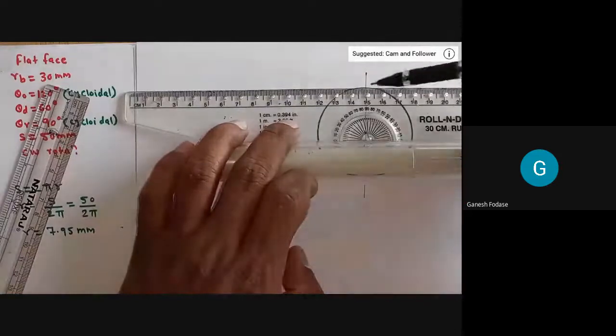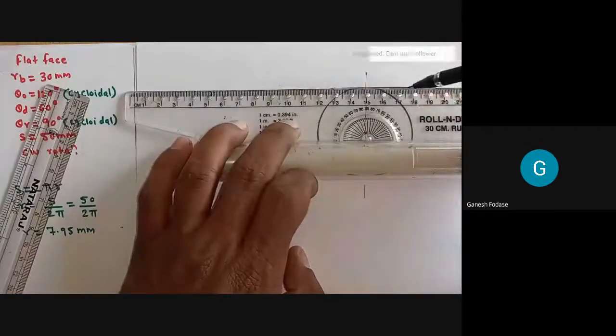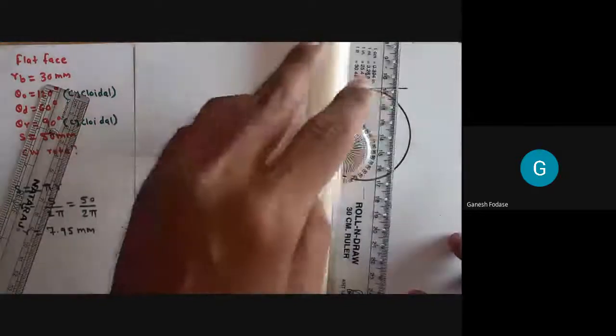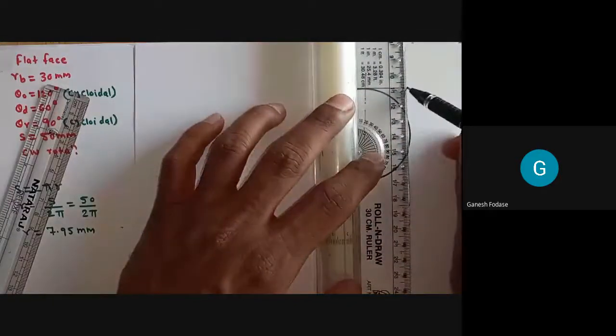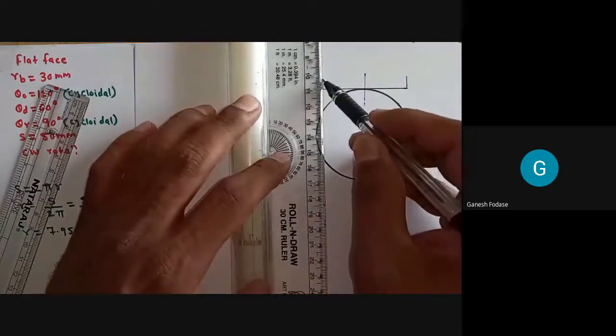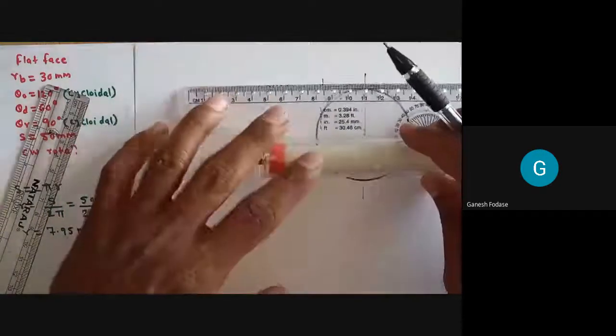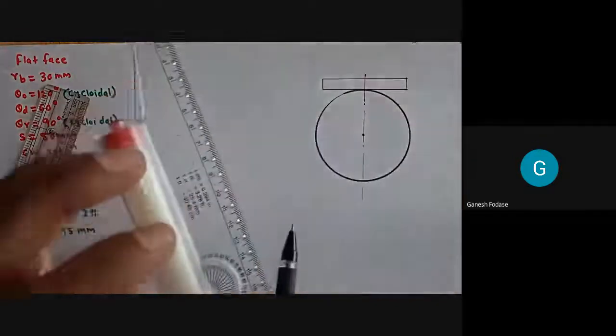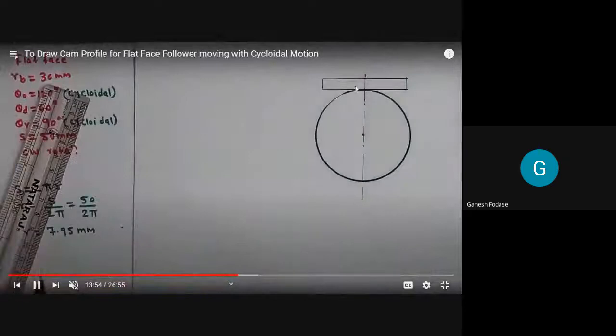And as the follower is a flat face follower, in the first position, draw the position of the follower. As the follower is flat face, it is the flat surface of the follower which is in contact with the cam. So we'll draw it like this. After marking the first position, perpendicular to the cam center, draw this flat face follower.